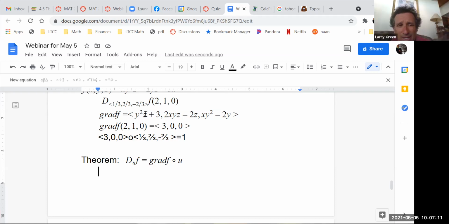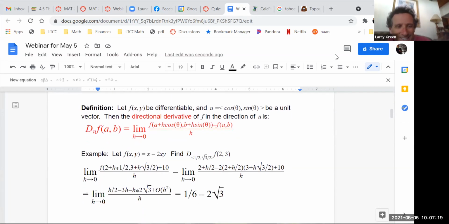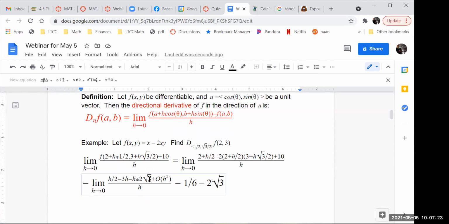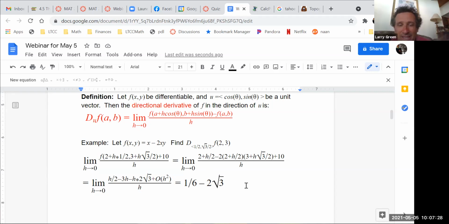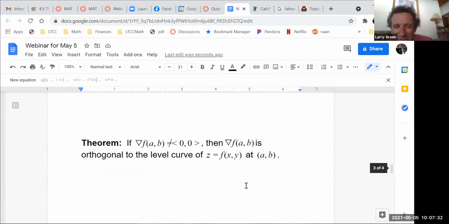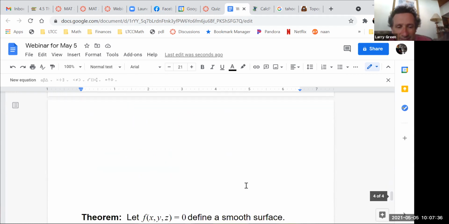No, not cross product. Let me remind you what we did earlier today. Remember this? That would have been a horrible experience. What you would have needed was a lot of Kleenex, because it would have been miserable. But with the gradient, it's quite easy. Do you all agree?